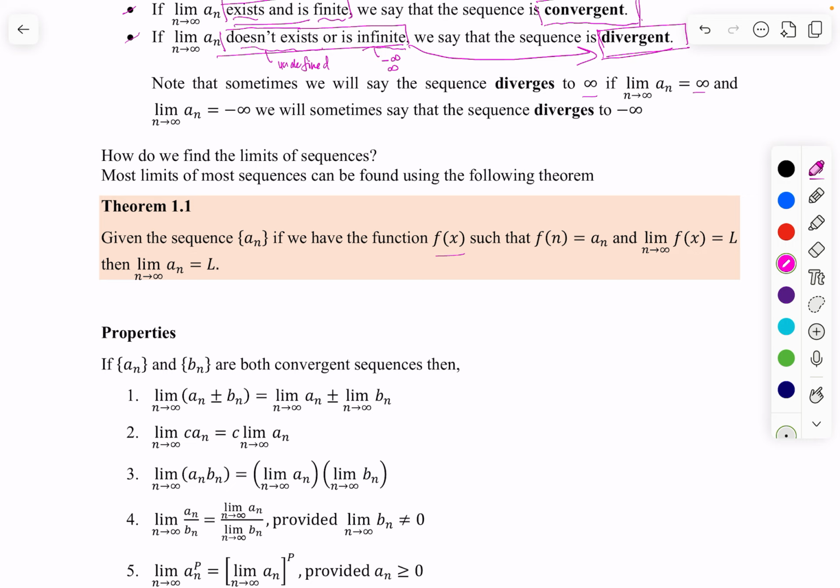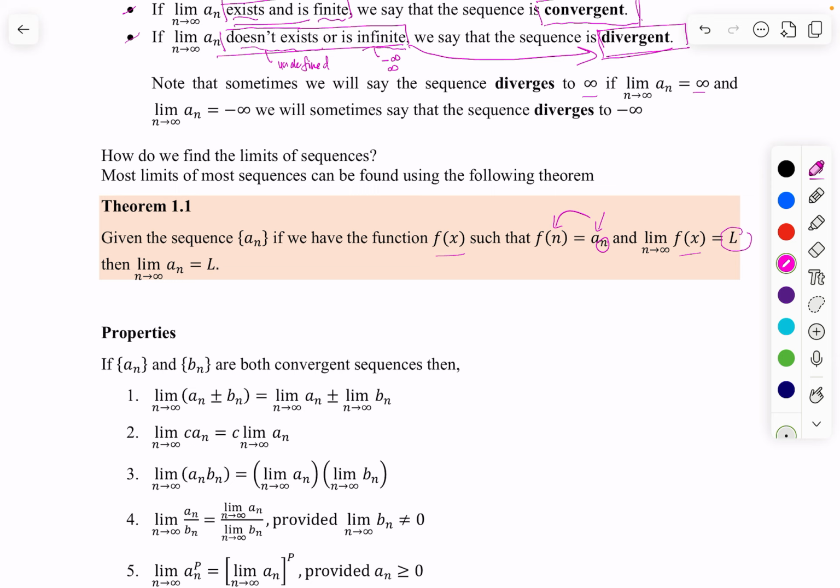Since this sequence involves n, we try to translate this sequence to become a function. Then we take it as f(n). We make it a function, and the limit for the function that is based on the sequence equals L, which is a finite value.